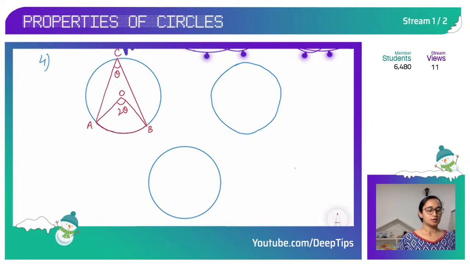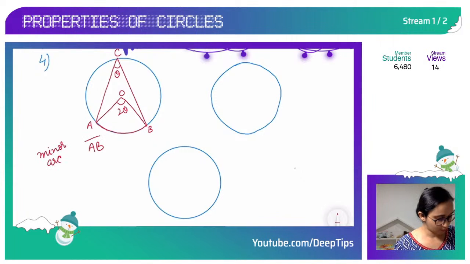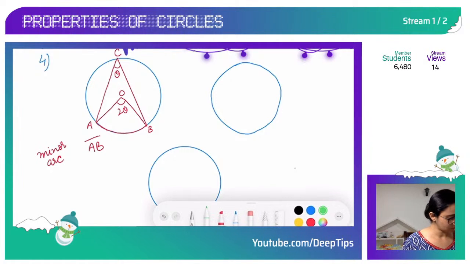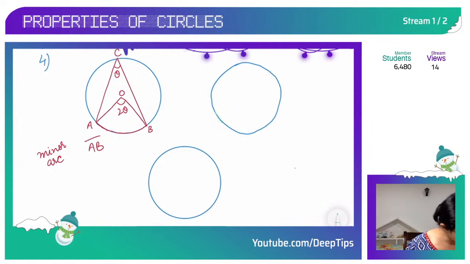Now children, this was the minor arc AB, which was subtending one angle at the center and one on the circumference. Now suppose you have a major arc. So here is my major arc that I am highlighting now with green color.